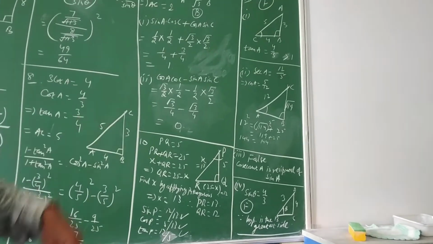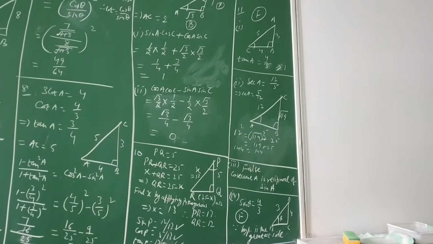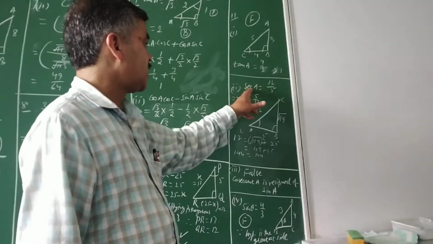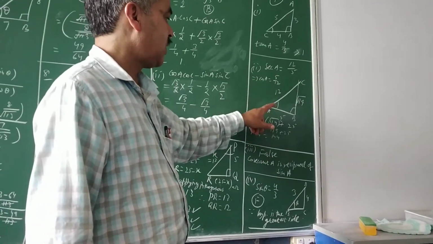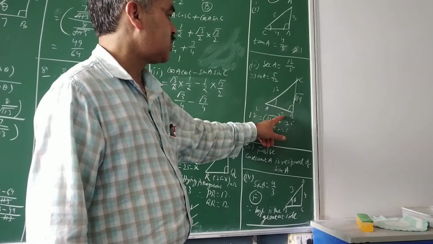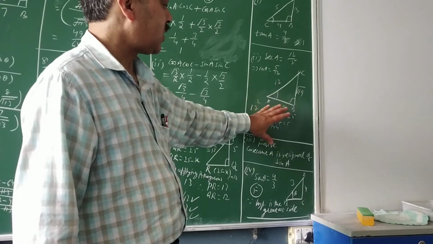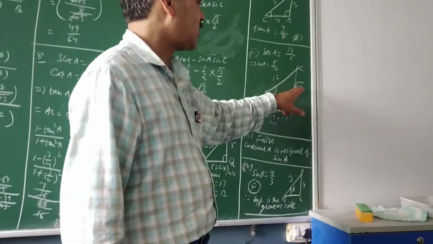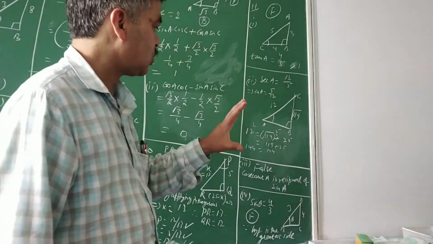Then the second part: secant A can be 12 upon 5. Secant is the reciprocal of cos, and cos is base upon hypotenuse. If A is here, this is the perpendicular, this is the base and this is the hypotenuse. So base upon hypotenuse I can have 5 and 12. Then you apply the Pythagorean theorem and check the third side, which you get as root 119.